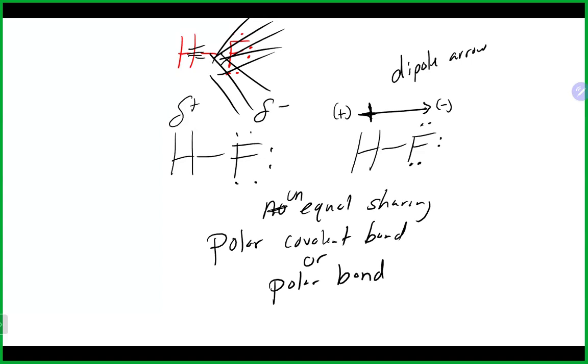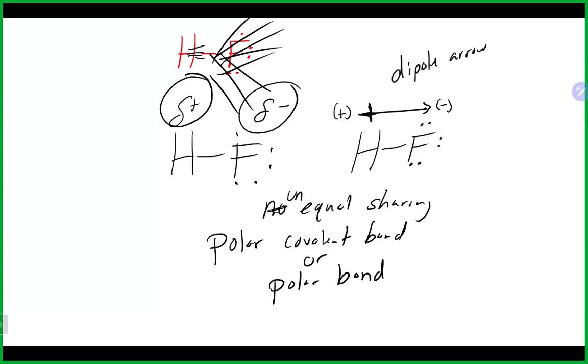Final question of the evening. Why are these partially negative charges and partially positive charges? And why are they not full positive charges and full negative charges? It has to do with, when we're talking about covalent bonding, what is happening with those electrons?